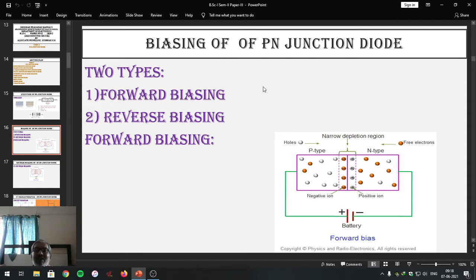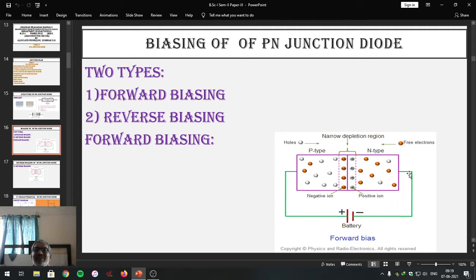Biasing of PN junction diode is nothing but connecting an external battery to the PN junction diode to make it workable. Till and until you connect the battery externally, the PN junction diode doesn't work.